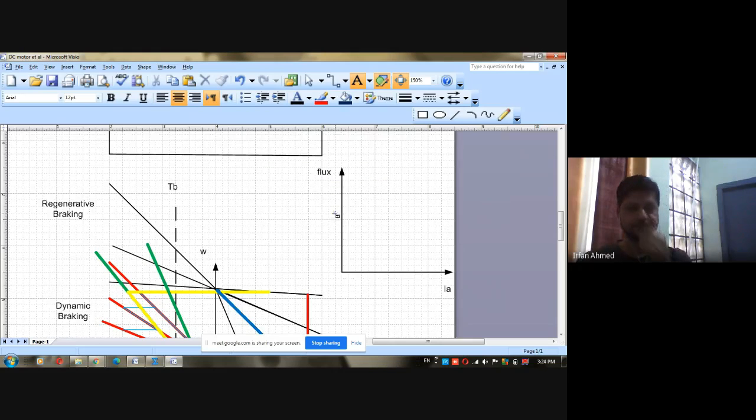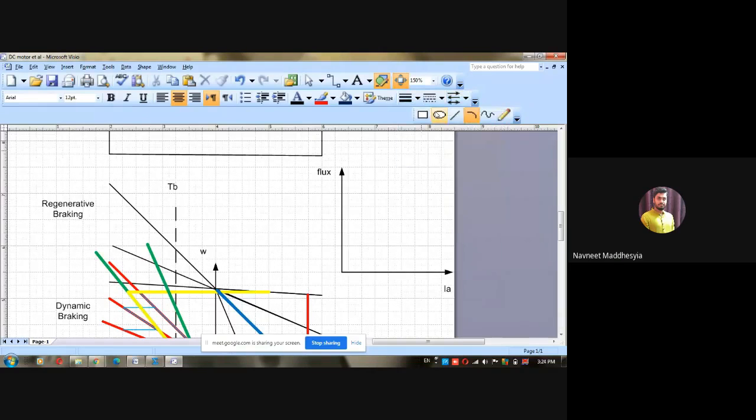What will be the relation? Linear up to some extent, and after that, saturation.